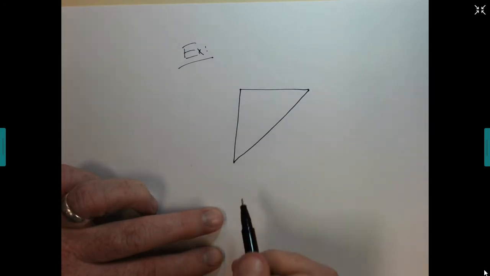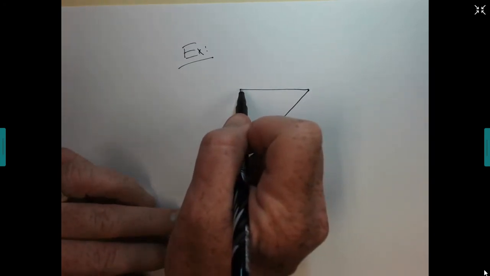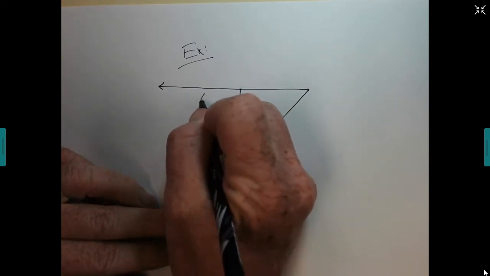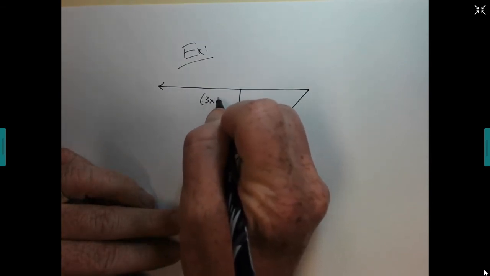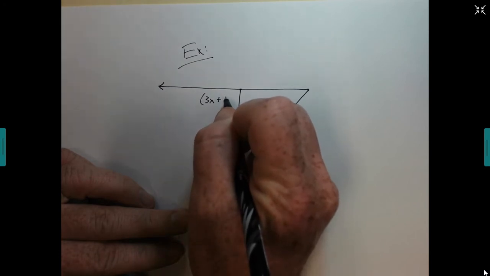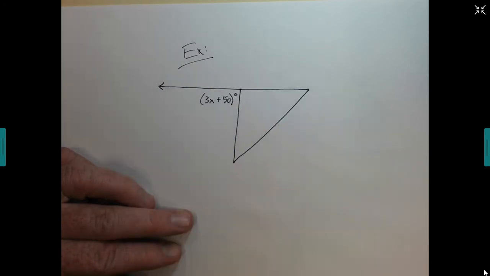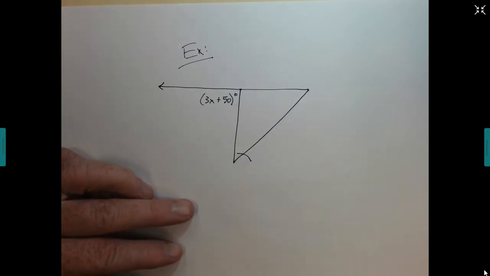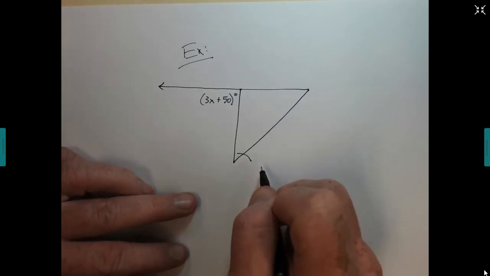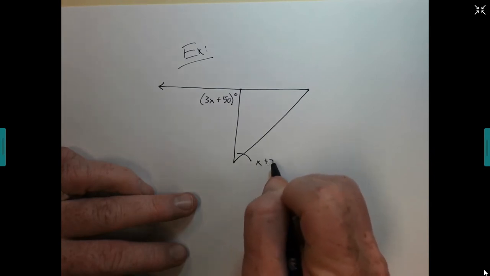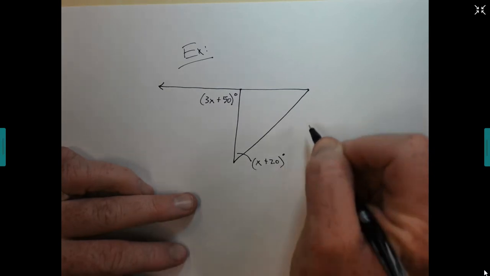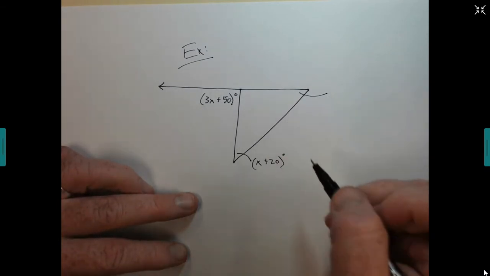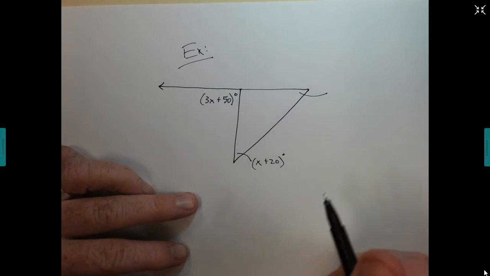So if I had a triangle and somewhere there was created an exterior angle, and let's say this interior angle measured x plus 20 degrees, and these are the two remote interior angles.